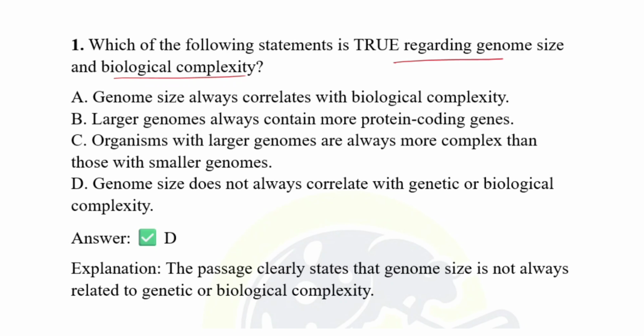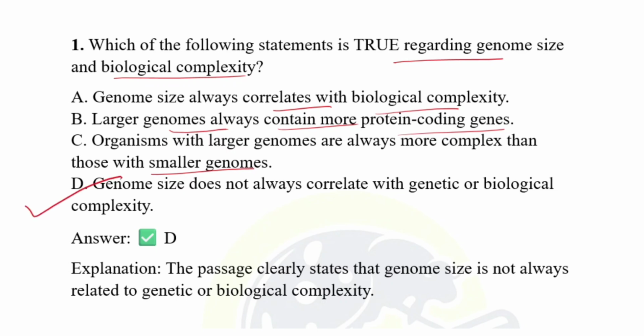This is purely extracted from whatever is written in Cooper. Genome size always correlates with biological complexity. Larger genomes always contain more protein coding genes. Organisms with larger genomes are always more complex than those with smaller genomes. Genome size does not always correlate with genetic or biological complexity.